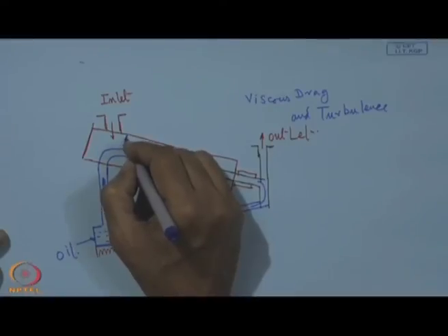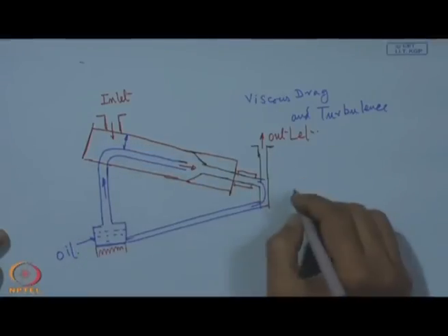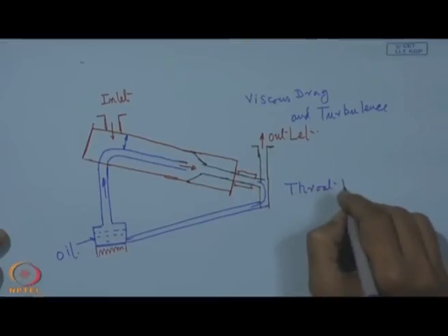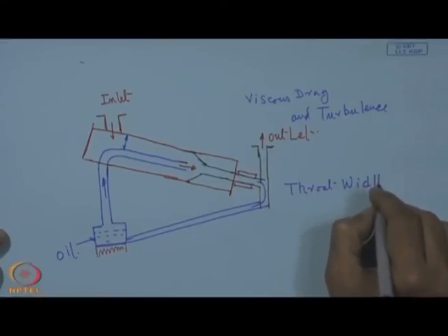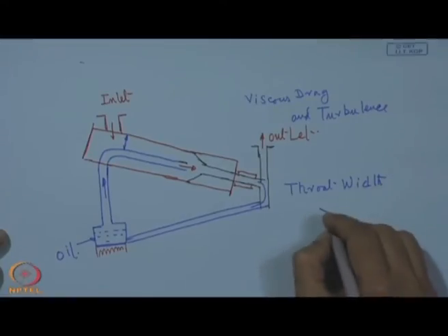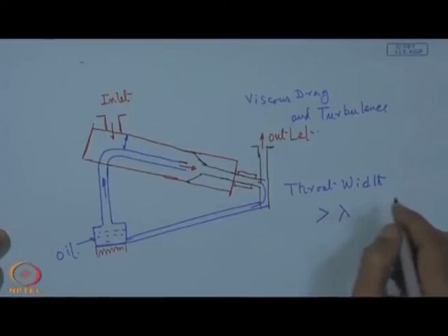Here we have one dimension that we call the throat width, and in this case this throat width is greater than lambda, which is the mean free path.